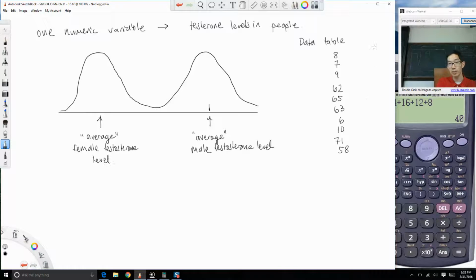Here we're still just looking at one variable all by itself, but if we graph it in a histogram, we would see two peaks.